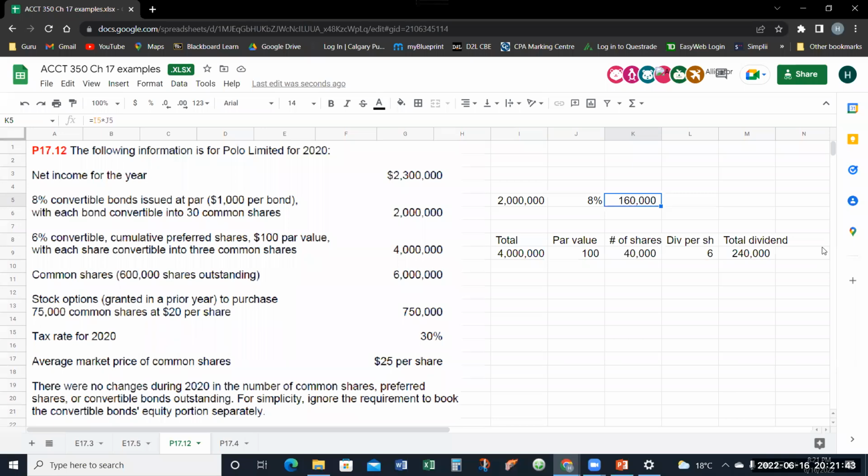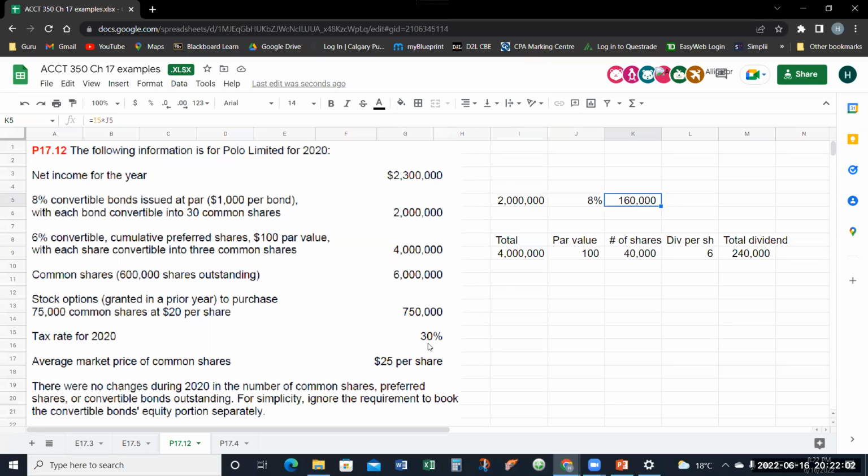So if these bonds were converted, I'd avoid the interest expense, but the impact on net income is not going to be $160,000 saved. My saving needs to be on an after-tax basis.